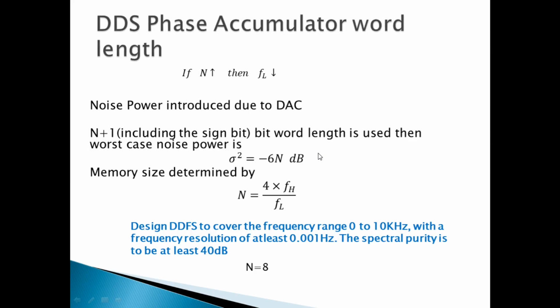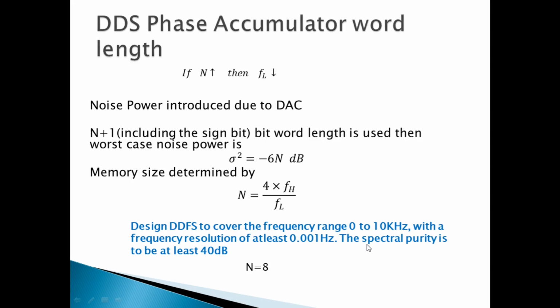So look at this example given in Jack Smith. Design DDFS to cover the frequency range from 0 to 10 kHz with a frequency resolution of at least 0.01 Hz. The spectral purity is to be at least 40 dB.